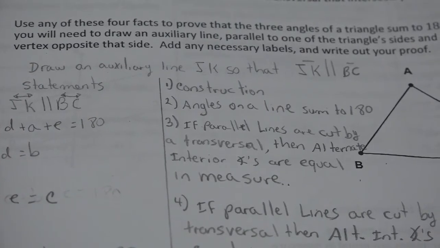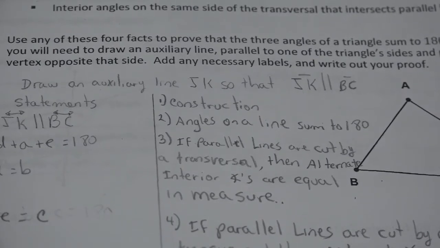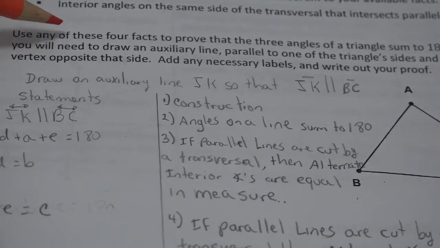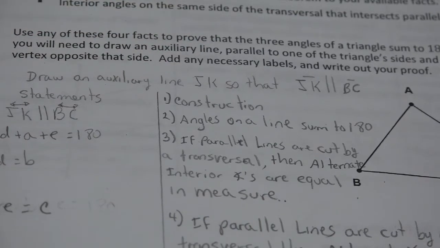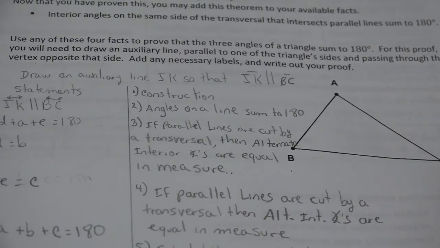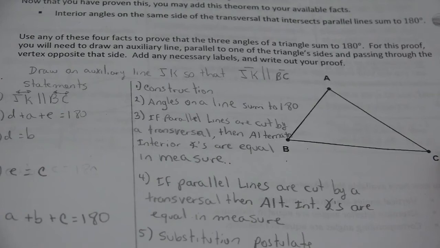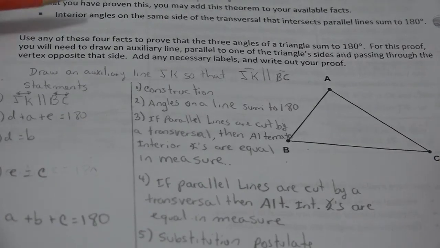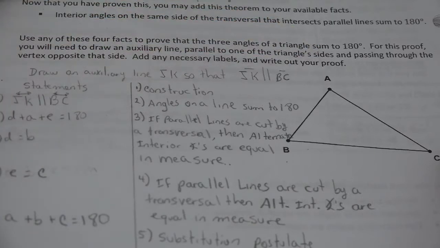So here it says use any of these four facts to prove that the three angles of a triangle sum to 180.